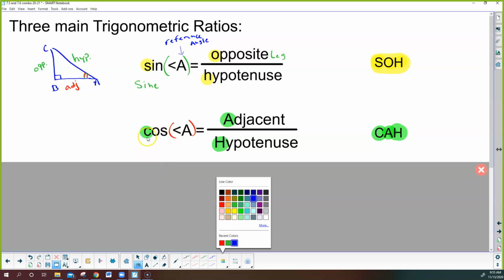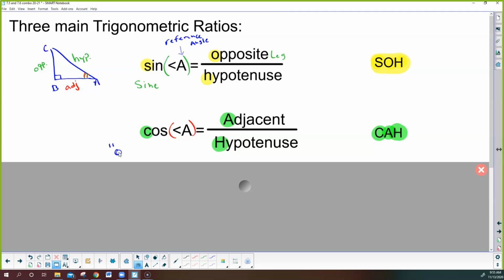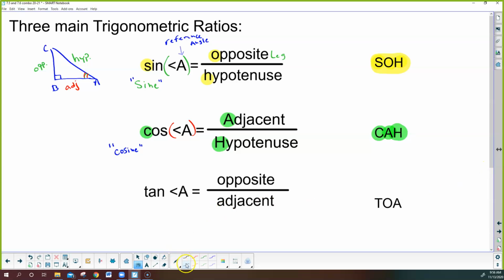Right? A lot of students call this cos. Well, we say cosine. And there's a reason why it's sine and cosine. Notice co kind of means together. There's a reason why sine and cosine go together, and we're going to explore that a little bit today. And then we have a third ratio called tangent.